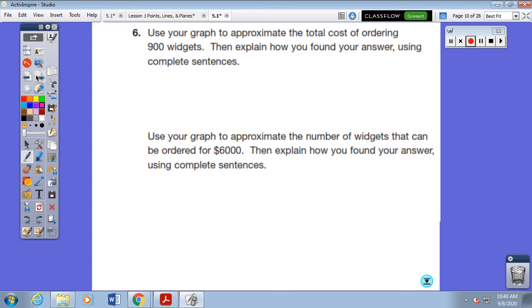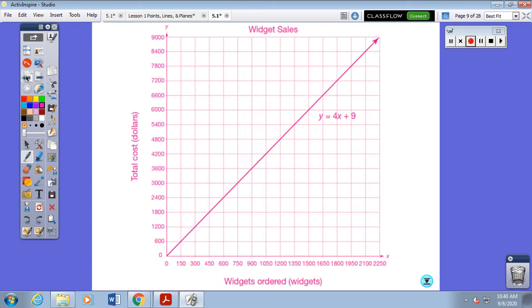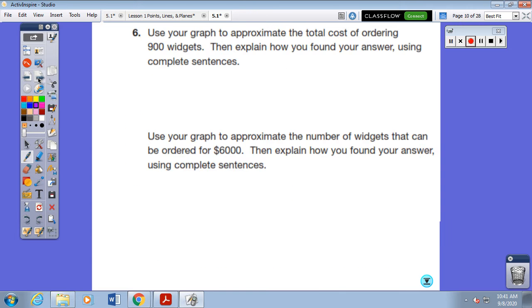Alright, use your graph to approximate the total cost for 900 widgets. So let's go ahead and use this one since it's right here. So if I order 900 widgets, I'm going to go up here to this point right here, and I'm going to go over. So about $3,600 it would cost.